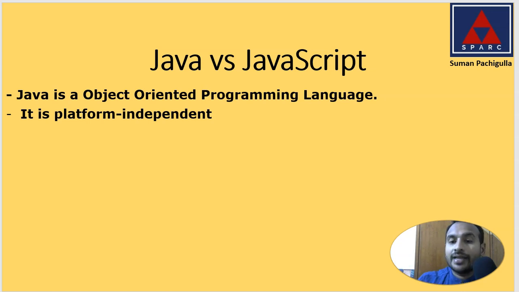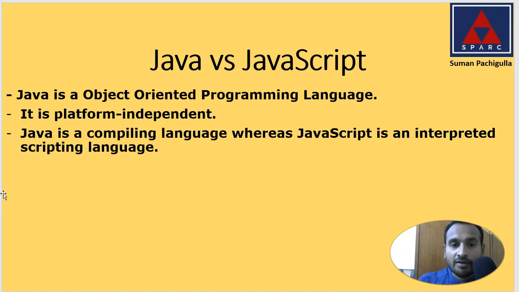That is the reason Java code is compiled to bytecode, which is understood by the JVM. Every system has a JVM available, and whatever Java software we download online will be understood by the JVM and run on every operating system. All right, so that's how it works.